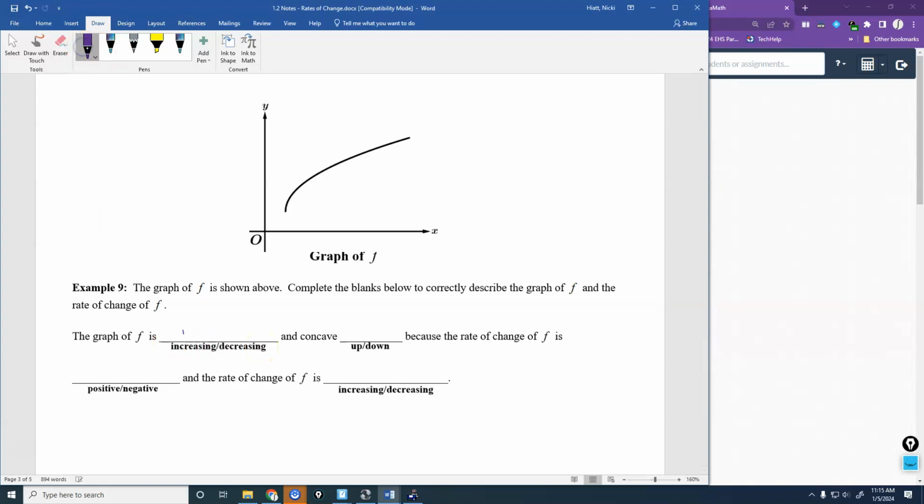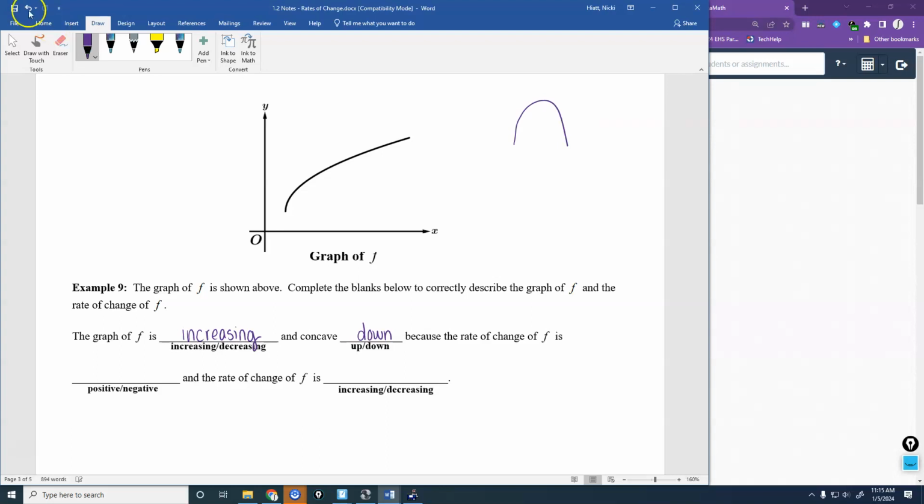So we are increasing. And is that concave up or concave down? Down.